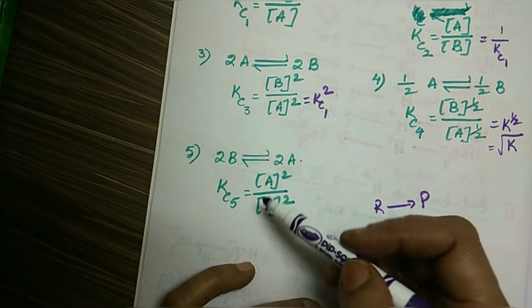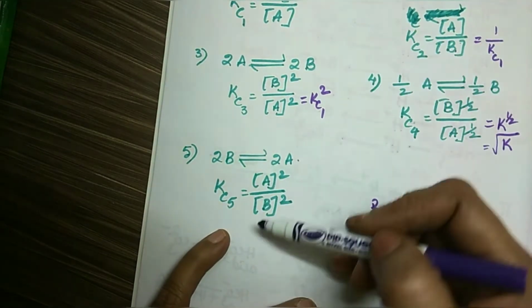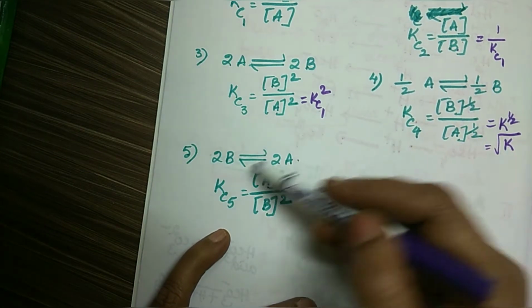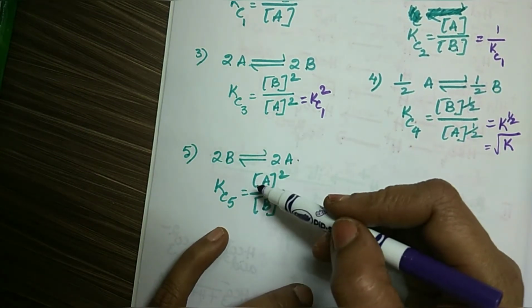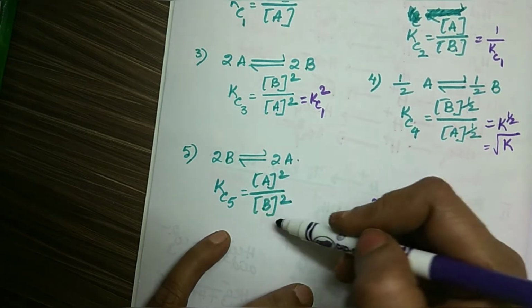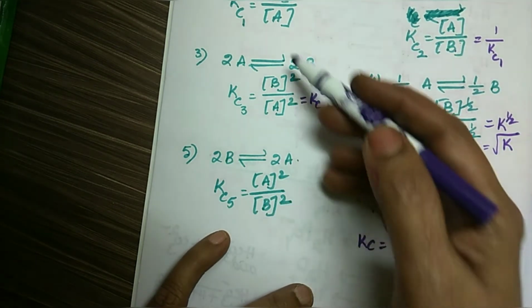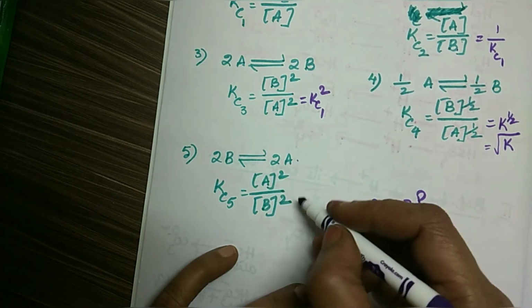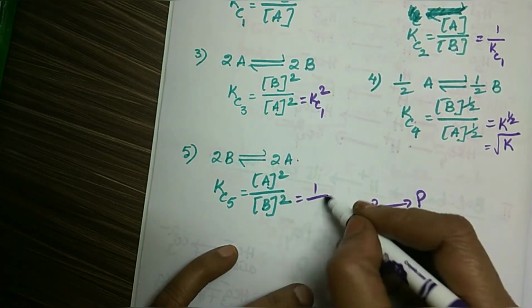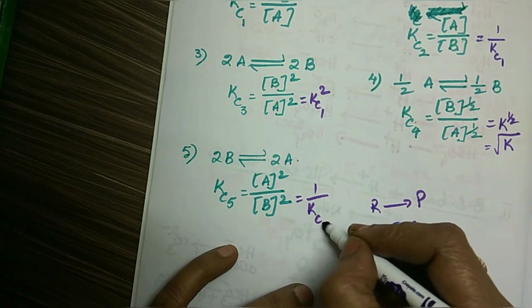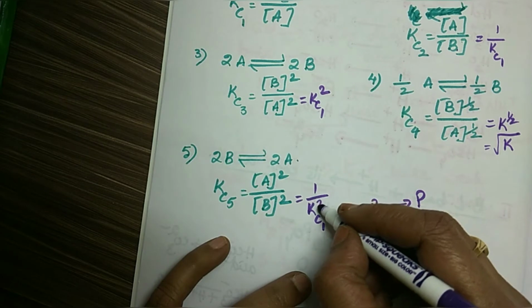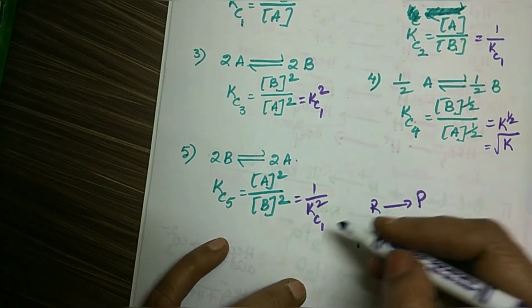Right? Next, the fifth one is the reverse reaction of the first one and the concentrations are doubled. For the reverse reaction, it is the inverse of Kc1, and the concentrations are doubled. So the inverse, 1 by Kc1, square. 1 by Kc1 square.